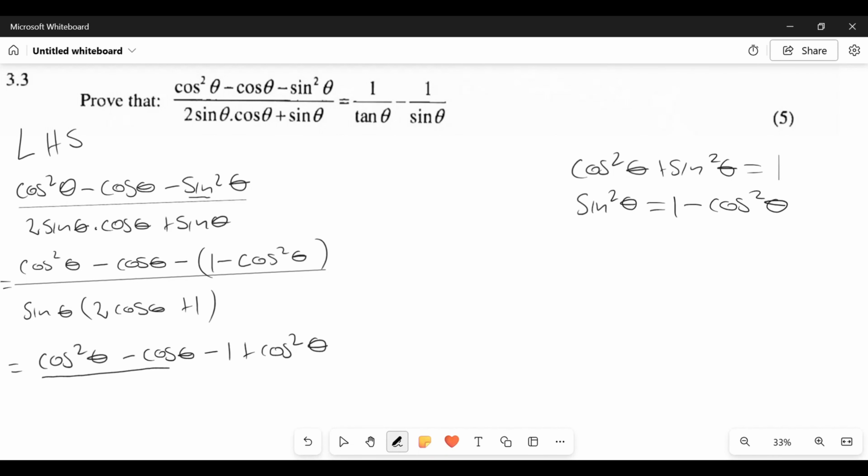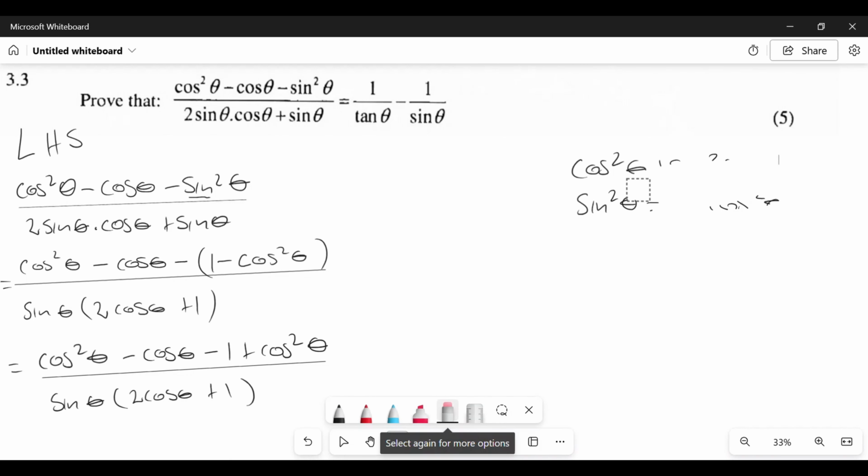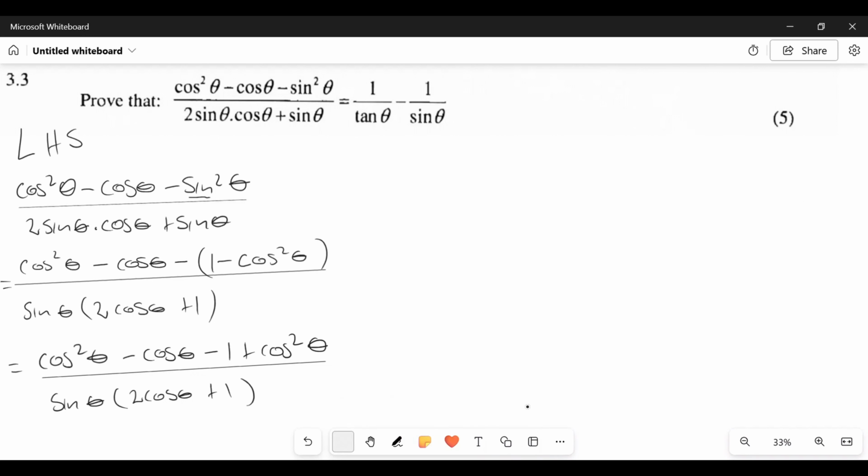Divide by, still, guys, we still have our sine theta on the denominator multiplied by 2 cos theta plus 1. So I'm going to continue on top here, guys, so that we save space.